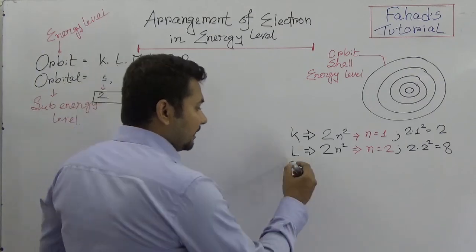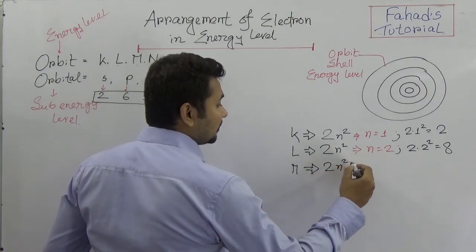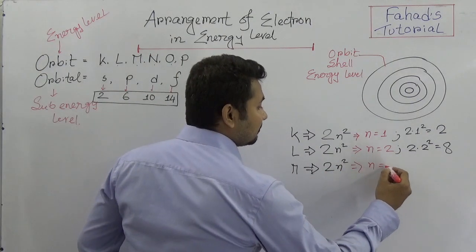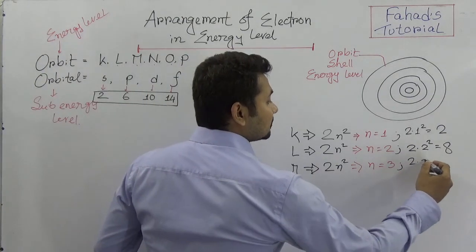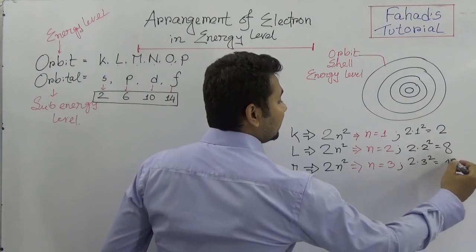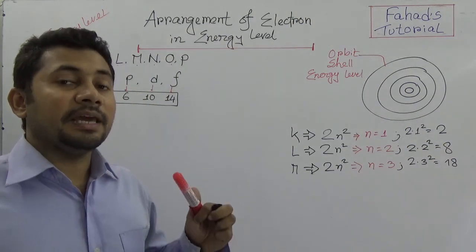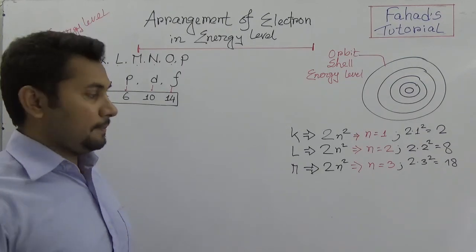For the M shell, n equals 3, and 2 times 3 squared is 18, so a maximum of 18 electrons can be present in the third shell.